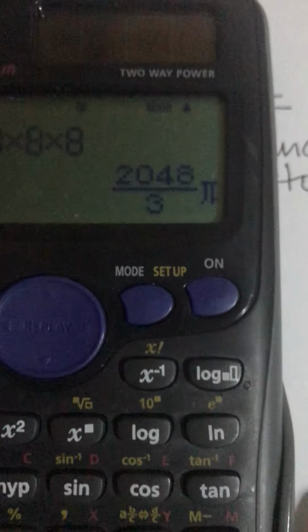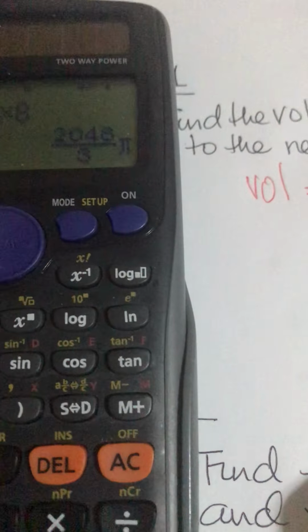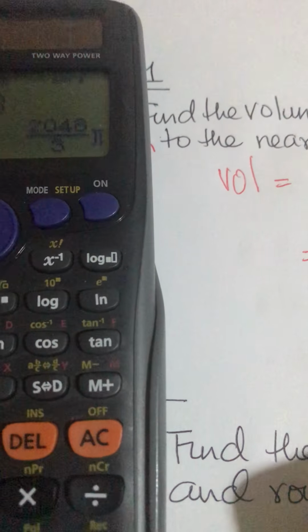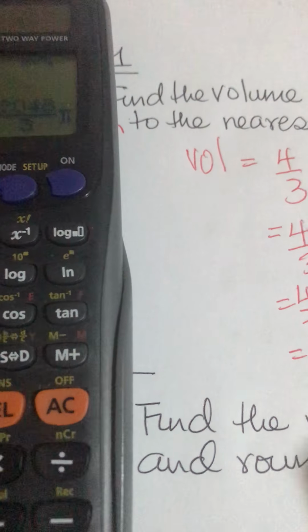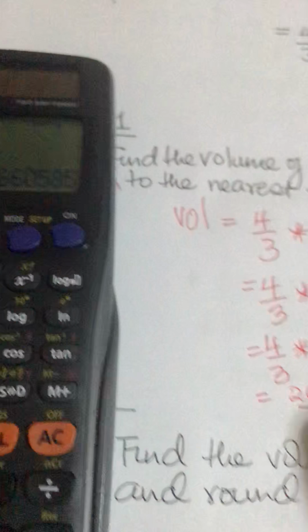And you get, you write it over there, 2048/3 pi. Okay? Then you press SD to change it to decimal.